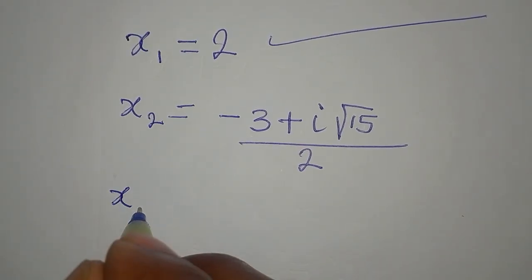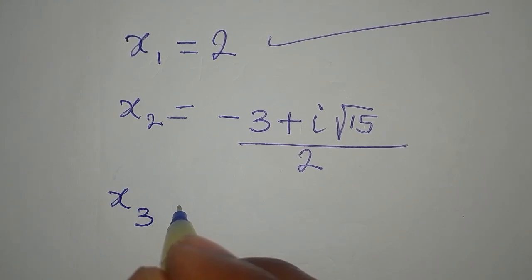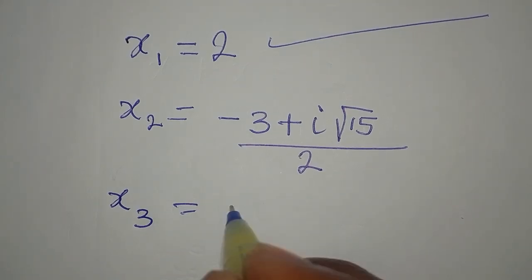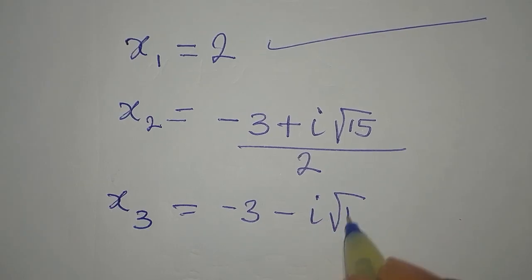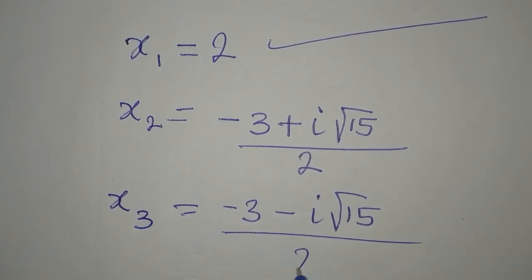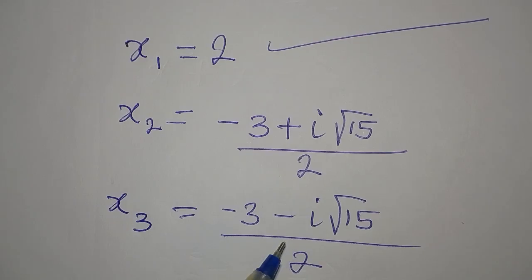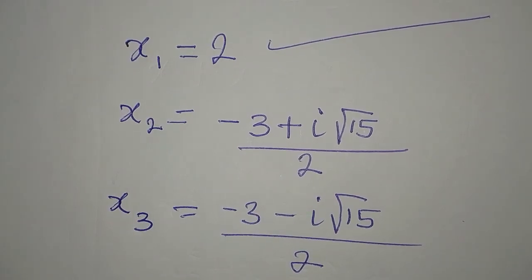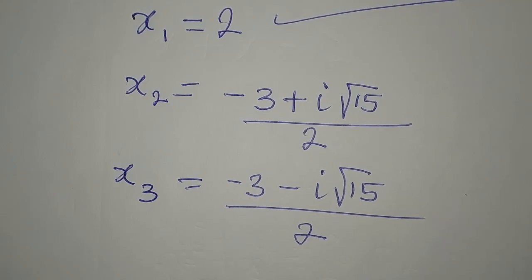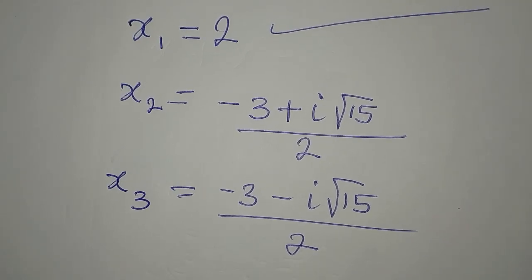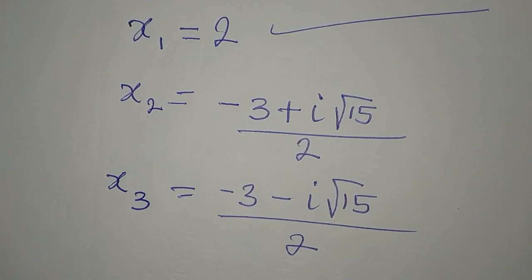Then x3, the third solution, is still from the last part, which is minus 3 minus i root 15 all over 2. This is positive and this is negative, the only difference between them. So now these 3 are the solutions to the given equation.